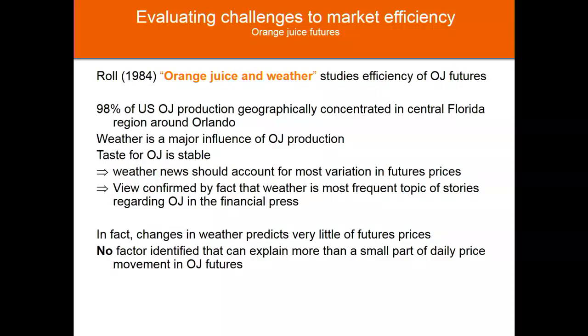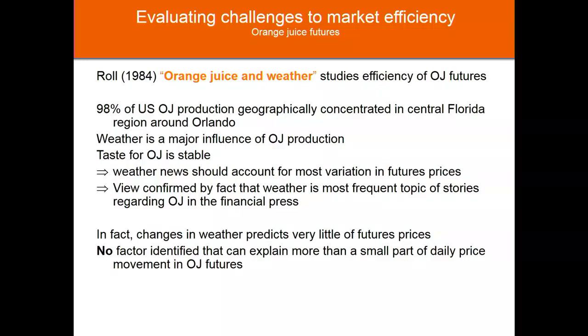98% of US orange juice production is geographically concentrated in central Florida. The only major influence is the weather. If the weather's too cold, then it freezes, and the taste for orange juice is stable, so the demand is stable. If the demand is stable, and the only change is the weather that affects the supply, the price of orange juice futures should reflect changes in the weather.